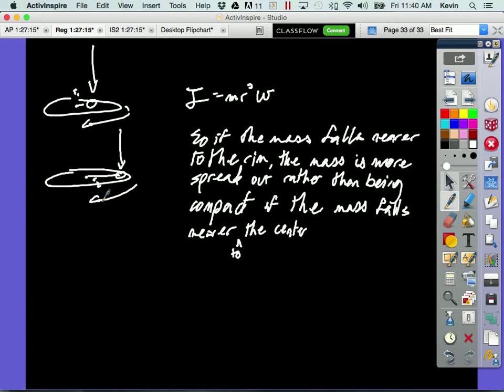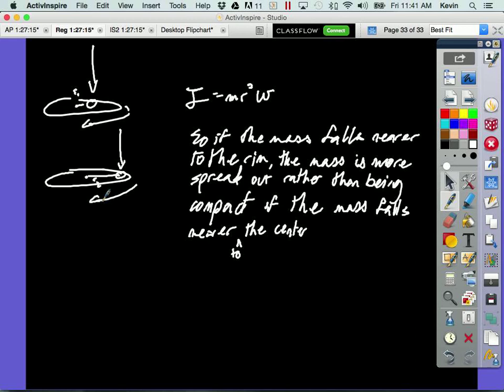Because the ball falls either to the center or near the rim, the radius is different. So the I for the ball is different for both situations. So what happens to the I for the ball in the second situation?